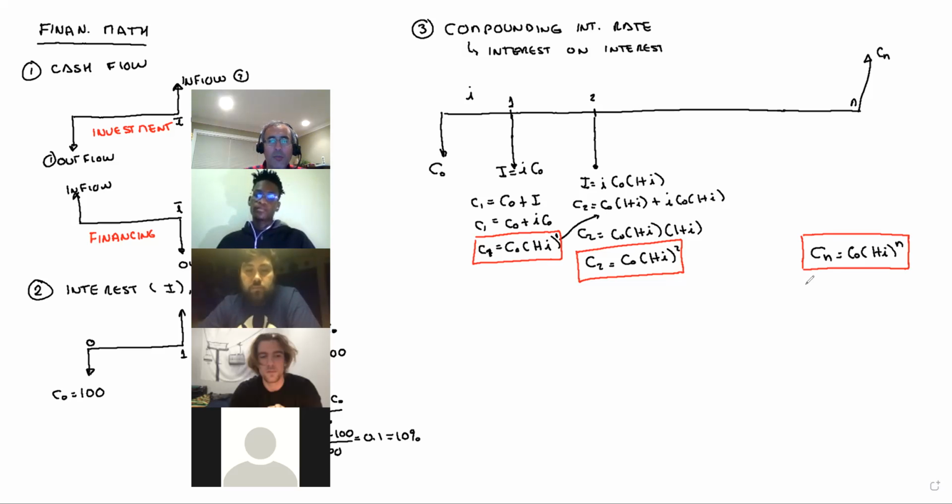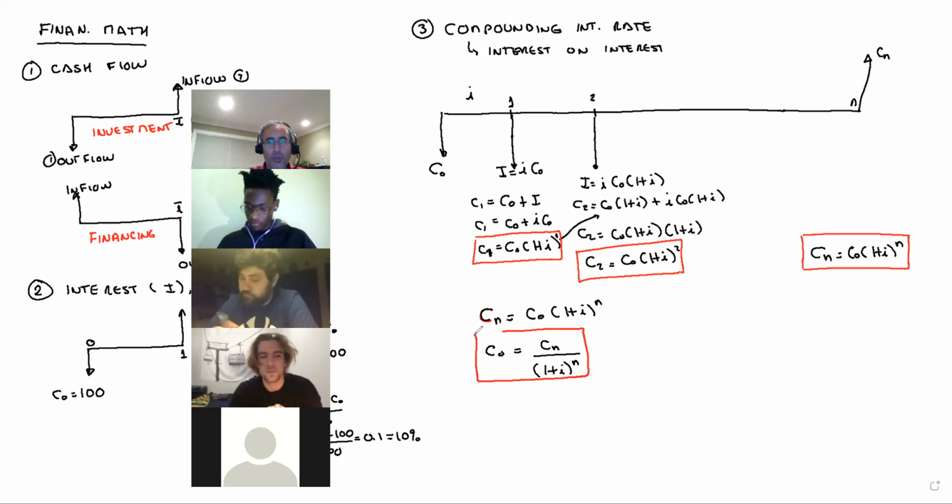Now there's some notation. Cn equals C0, 1 plus I to the n. And tell me, is it right that this is true? This is true, right? Agree with me, guys? Okay, so this is the formula that we're going to use the most.